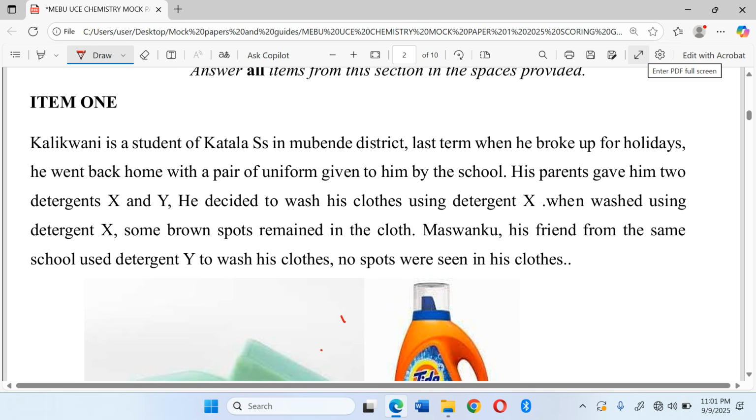We will also look at some of the do's, some of the don'ts, and some of the common errors that learners make when they are responding to these items. Let's look at item number 1.